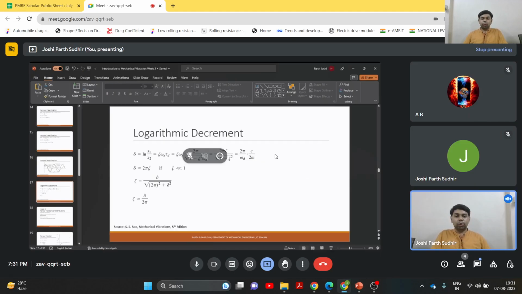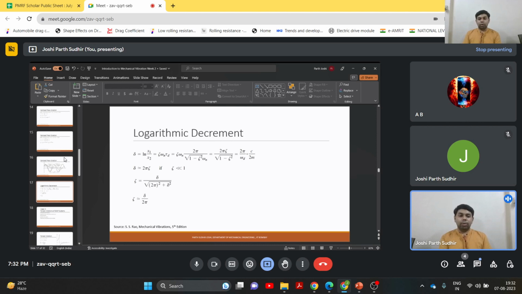You just need to understand: you start with a certain differential equation, then assume a certain form of solution, determine the roots of the characteristic equation, and predict the nature of the roots based on physical quantities like mass, stiffness, and damping ratio.